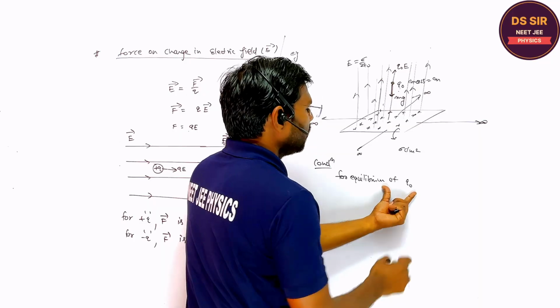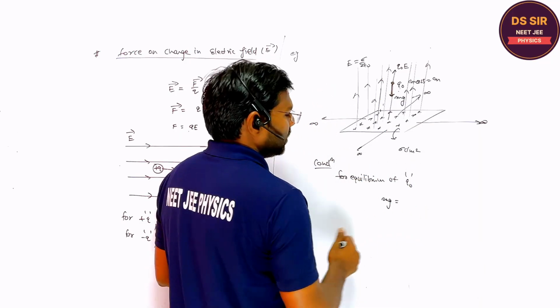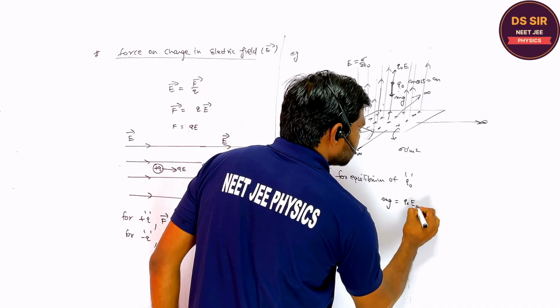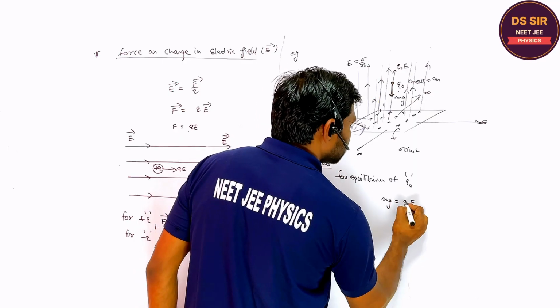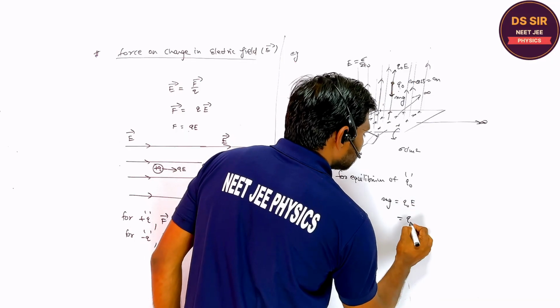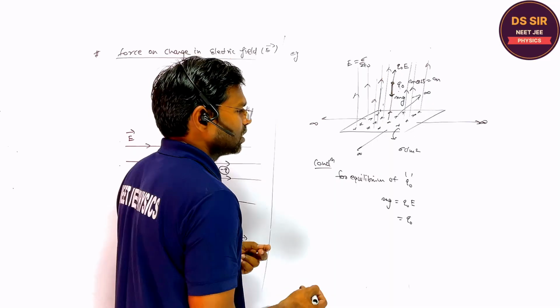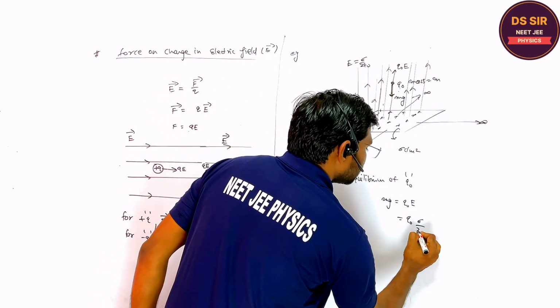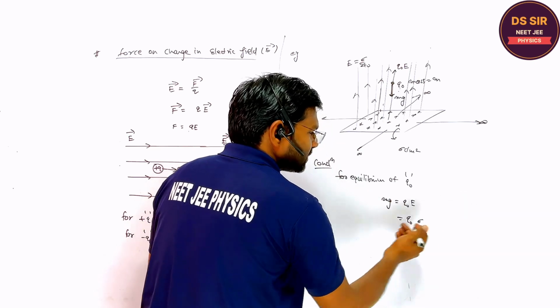The condition for equilibrium of Q naught is that the gravity force is balanced by the electrostatic force. So what should be the value of sigma? They may ask any question. I'm just writing the expression. The electric field is nothing but sigma upon 2 epsilon naught. So what should be the mass, or they can ask sigma.